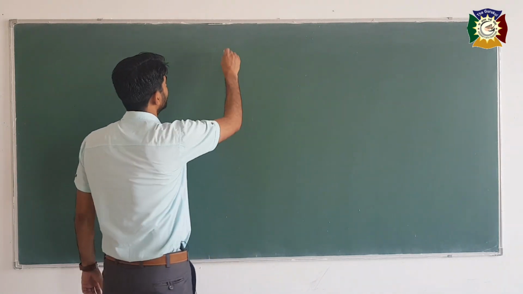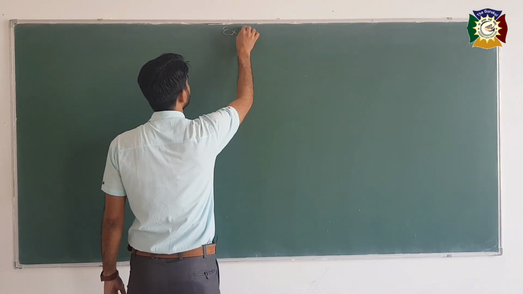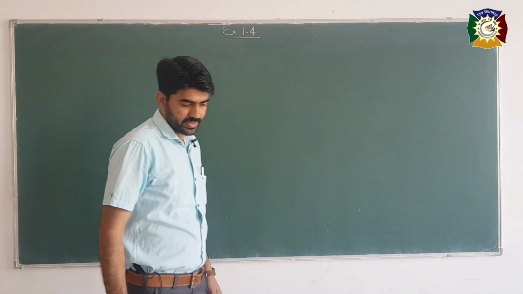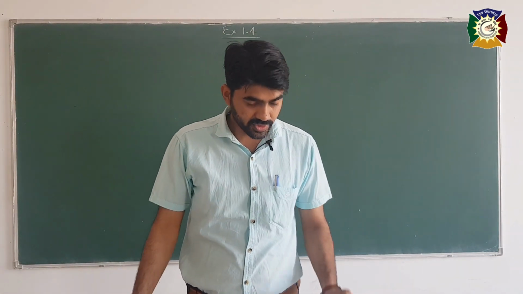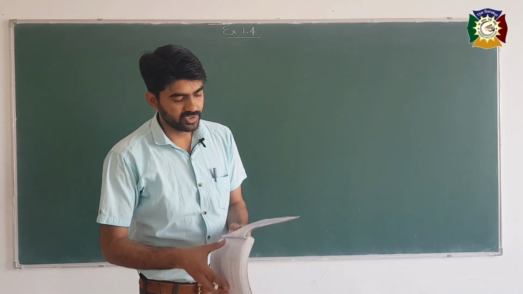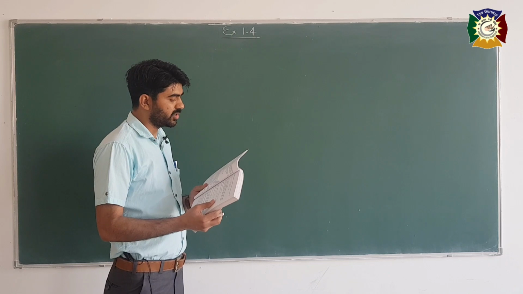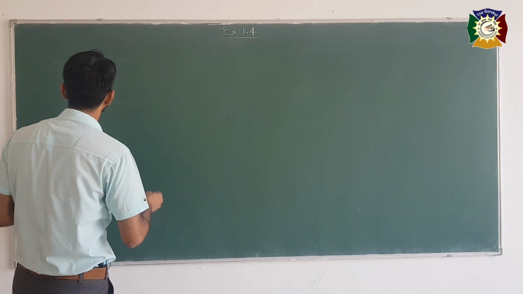So, I am starting exercise 1.4. First question, I am just reading the statement from the book: visualize 3.765.